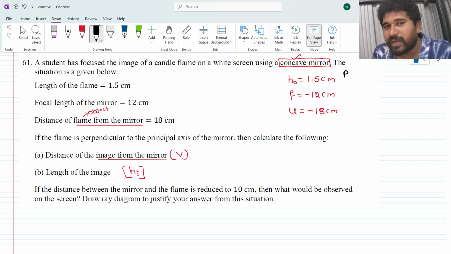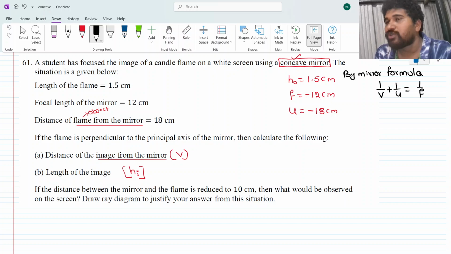Take the mirror formula. What is the mirror formula? 1 by V plus 1 by U is equal to 1 by F. Yes or no, Lalit? Substitute the data. 1 by V plus 1 by minus 18 is equal to 1 by minus 12.